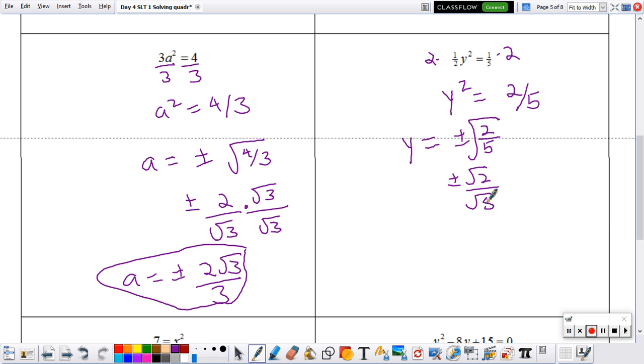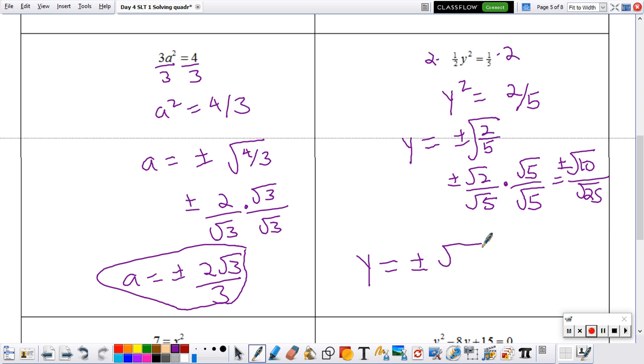I don't want a radical in the denominator. It's like bad math grammar. So I'm going to multiply by root 5 over root 5 because that would give me the square root of 25. So that's the square root of 10 over the square root of 25. So that gives us y equals plus or minus the square root of 10 over 5.